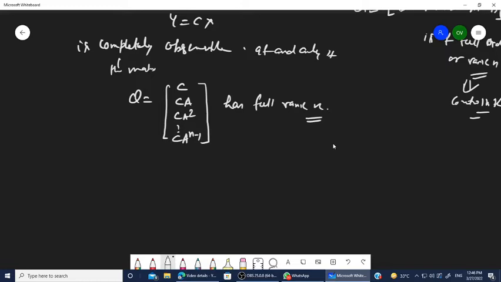In other terms, you can find that the determinant should not be equal to 0; both are the same.